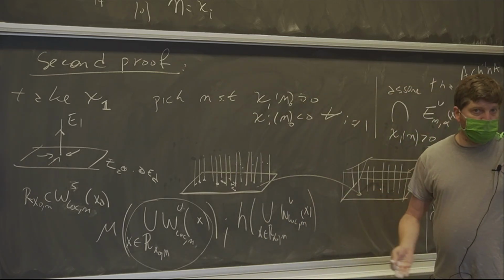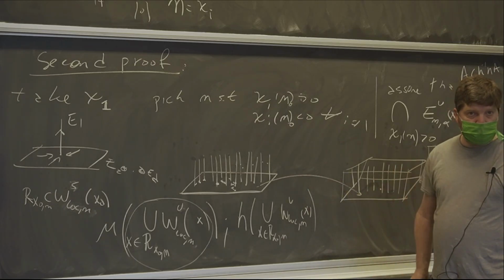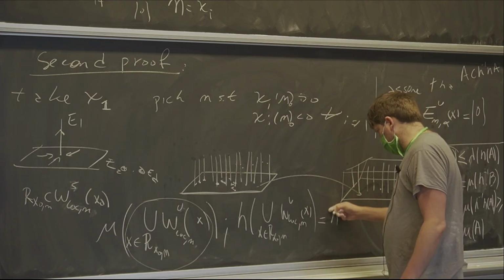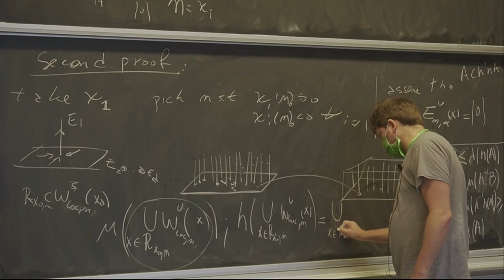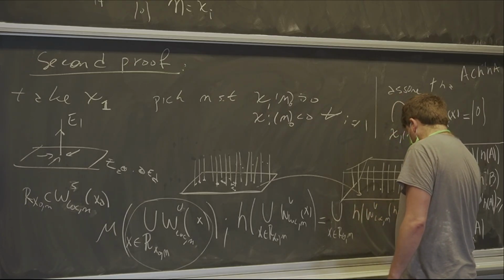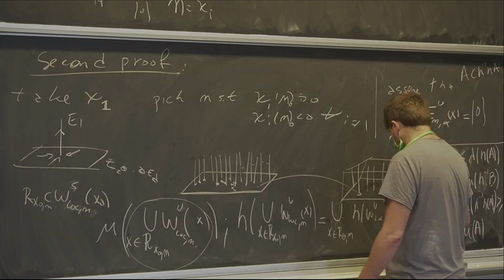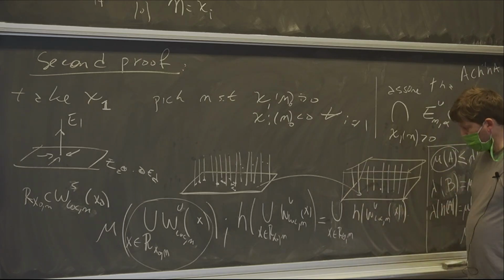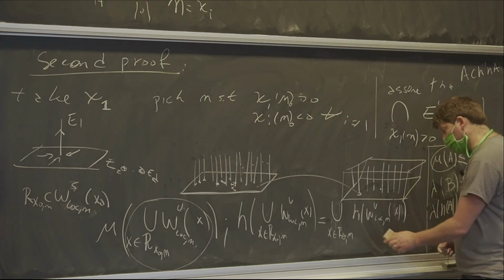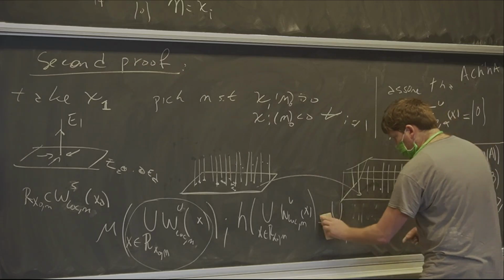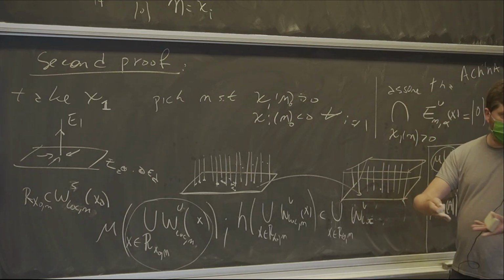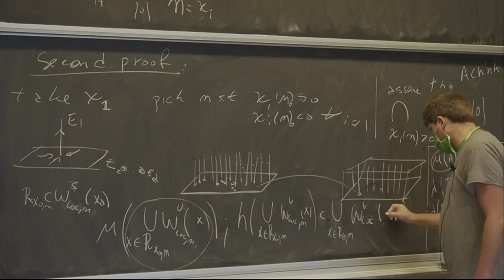So h of the union is the union of h because forward images behave very well with respect to unions. So, well, you need to be onto, I guess, but the map is onto. So I get the union with x of h of x. And now h of the unstable is contained in the corresponding unstable. So this is contained in maybe some enlarged, by the uniform continuity of h, h of x.